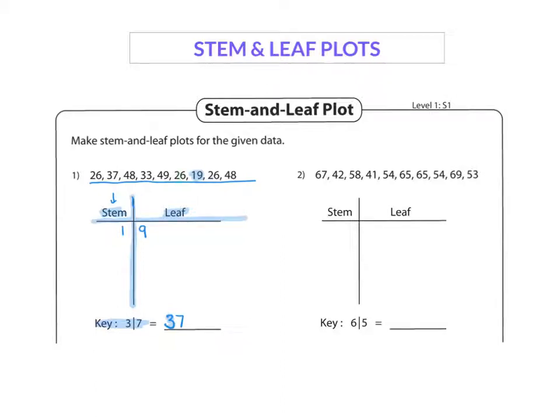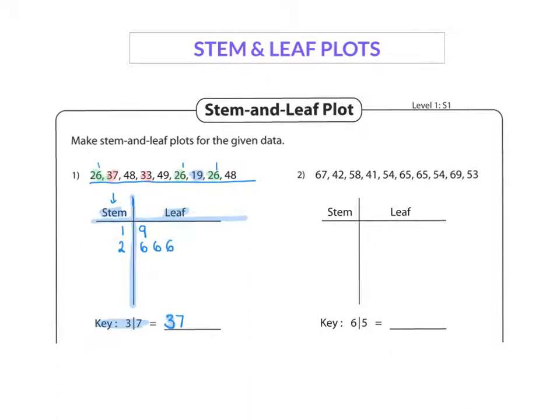So I'm going to look at all these numbers that are in the 20s. I would write down my stem 2. Now if we look here, all the leaves are 6, so I put in the leaves 6, 6 and 6. Okay, my next category is the 30s.